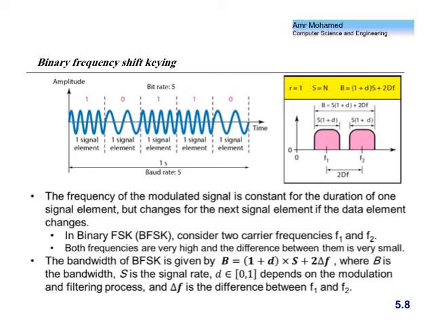So if I have F1 and F2, I need to be able to separate those two frequencies from each other as much as possible, because the more separation I have, the better the quality of the reception will be, because I will still recognize one from the other even with the existence of noise.